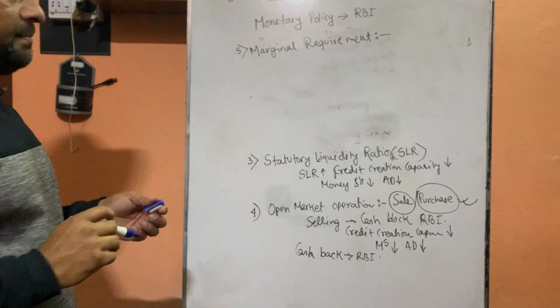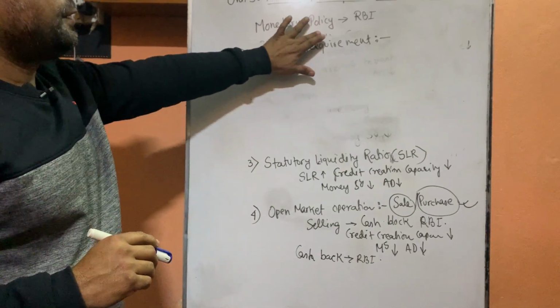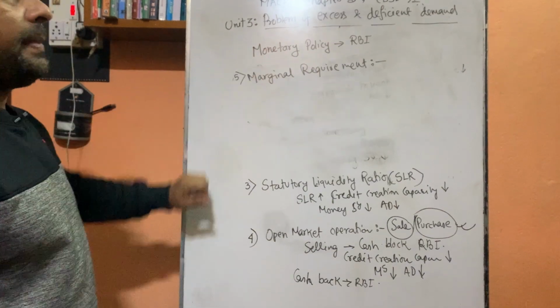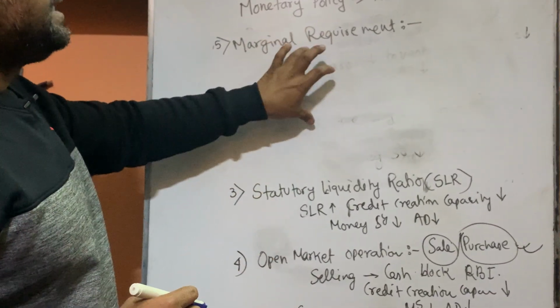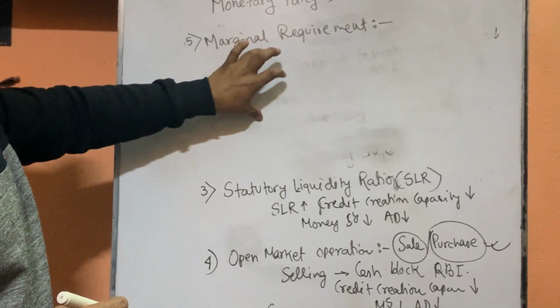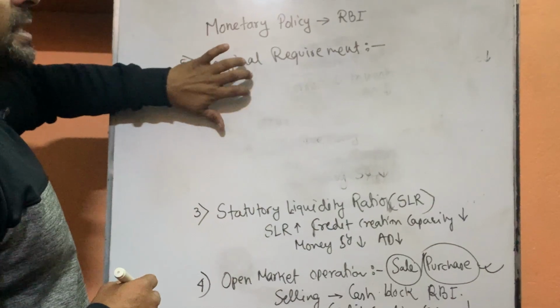Marginal requirement means margin money. When we want to take a loan from the bank, we have to keep something as mortgage to the bank, and against the mortgage the bank gives us a loan. This is called marginal requirement or margin money.